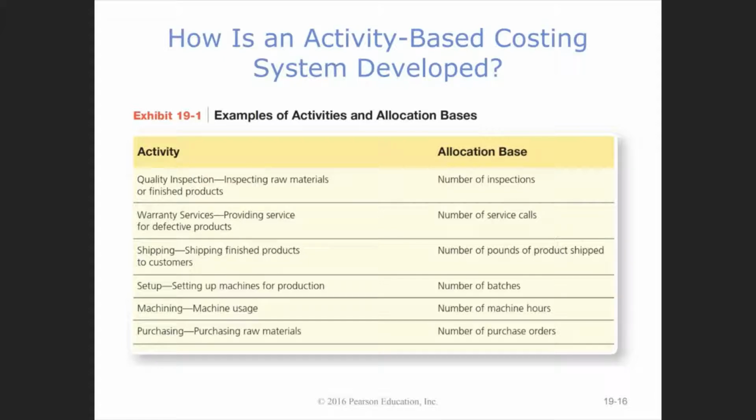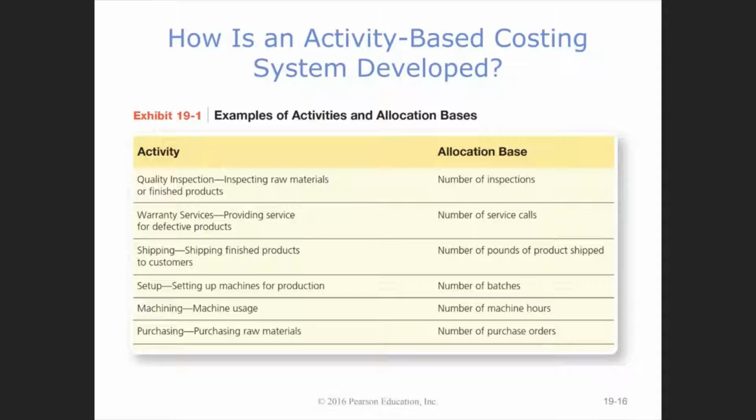So here we have examples of activities and allocation bases. We've got the activity and we've got the allocation base. For the first one, we've got quality, so the activity is quality inspection.